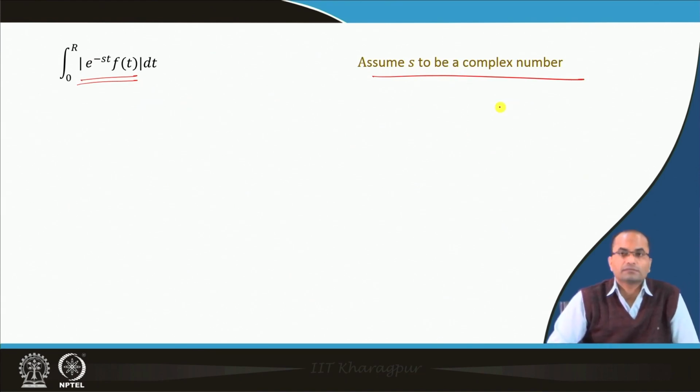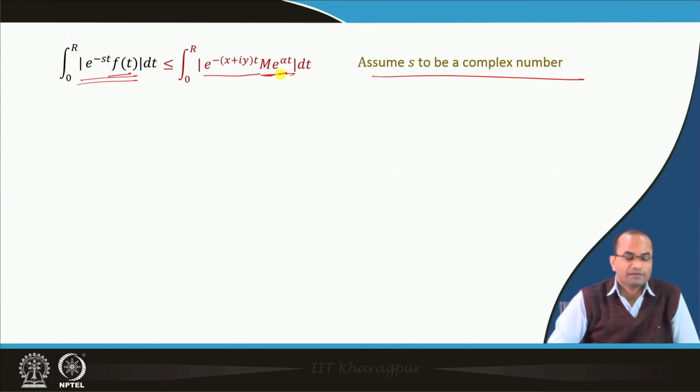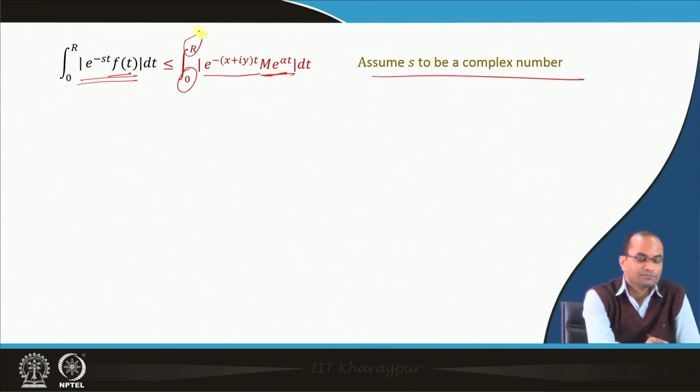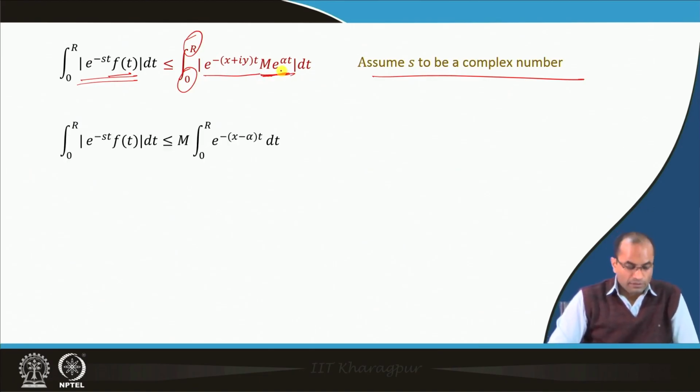So, we can consider a more general case. We have e^(-(x+iy)t), and here f(t) is replaced by M e^(αt), because in the whole range 0 to R, it is bounded by M e^(αt).